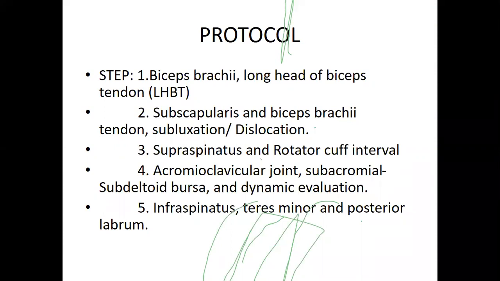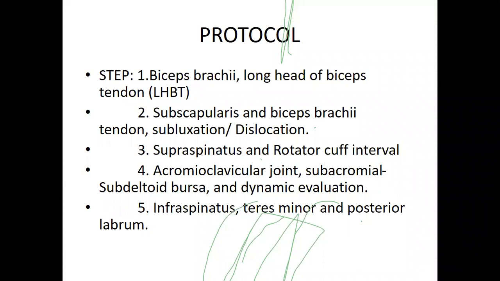This biceps muscle is anteriorly located on the humerus. Now, we've got the long head of the biceps tendon, abbreviated as LHBT. Here we want to look at the tendon itself.